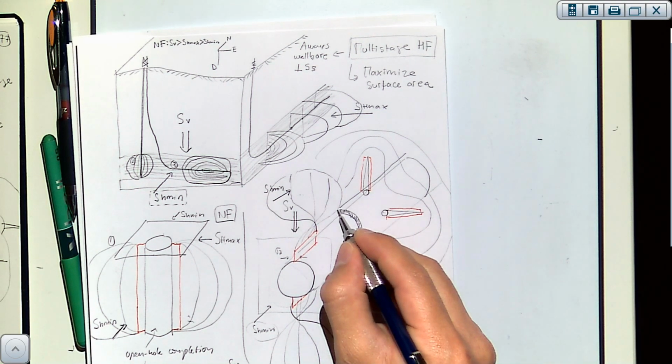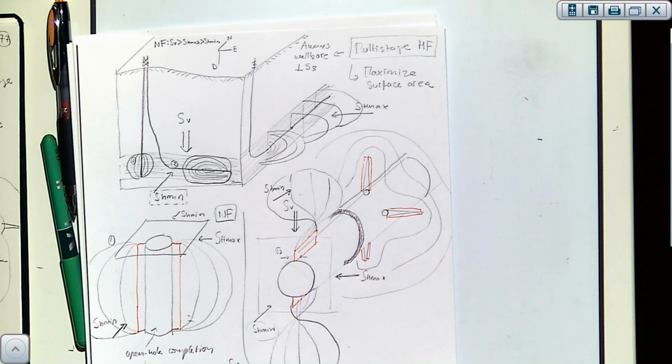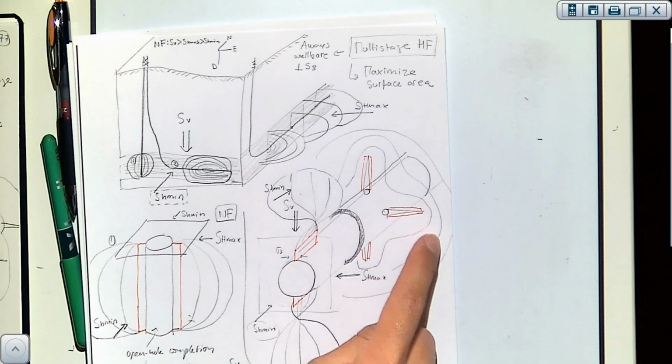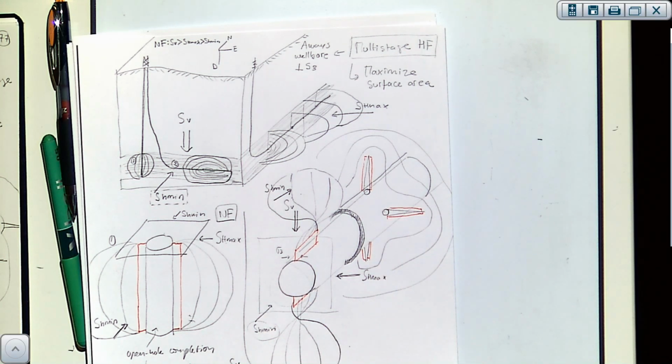They're going to connect the rock with the fracturing fluids, and they're going to help the hydraulic fractures grow more easily out of the wellbore. Take advantage of anisotropy of stresses, of these near wellbore effects or near cavity effects, in order to propagate the fracture in the plane perpendicular to the minimum principal stress.